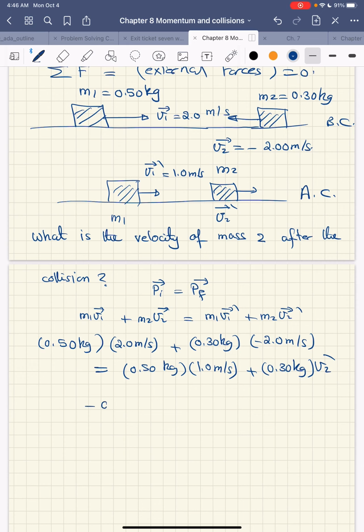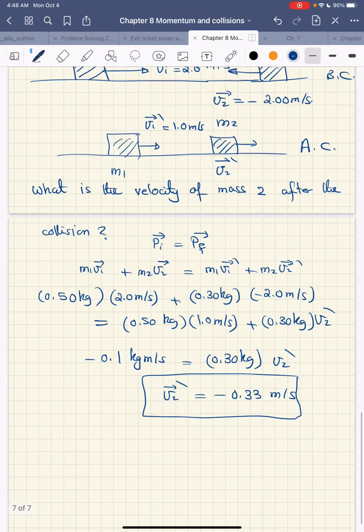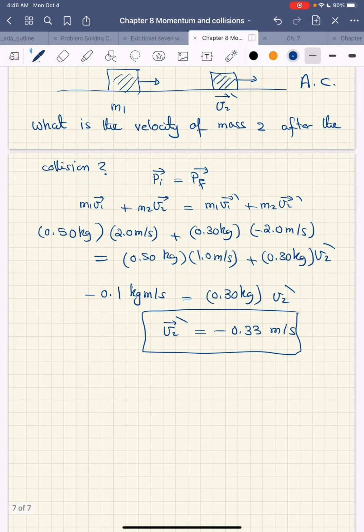We can say that the result of this calculation is going to be given as this. Then this is the direction and the velocity for the second mass after the collision.